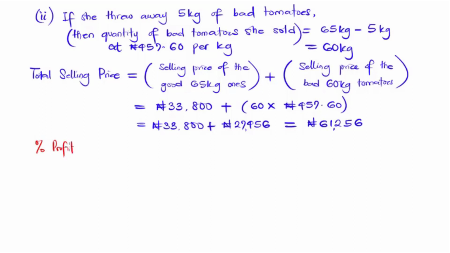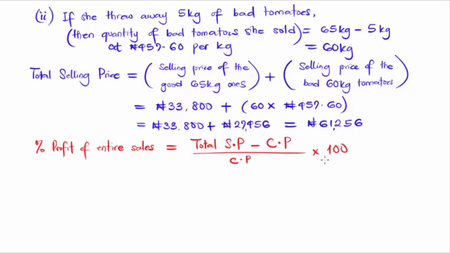The percentage profit is the selling price minus cost price over the cost price times 100. And for the entire sales, it will be the total selling price minus the cost price over the cost price times 100. So we've just gotten the total selling price to be 61,256 naira.